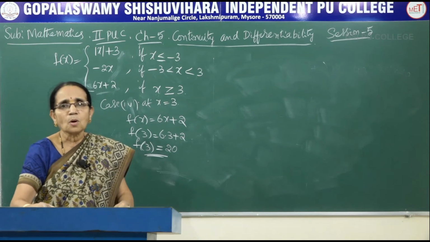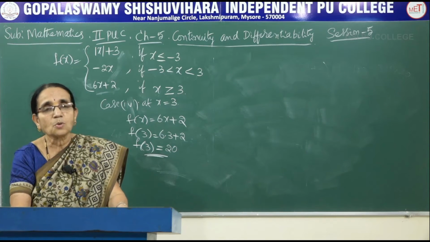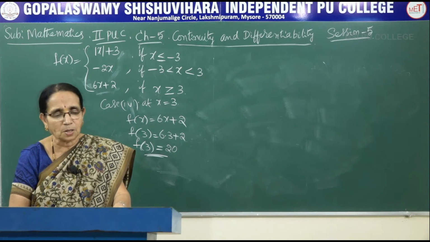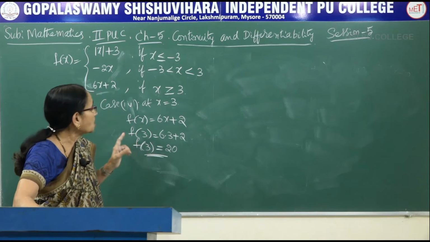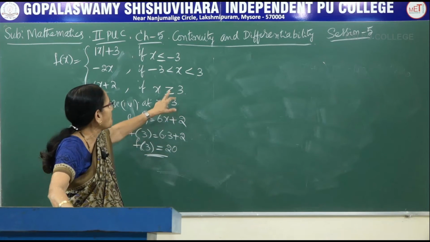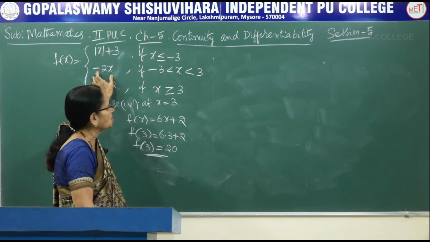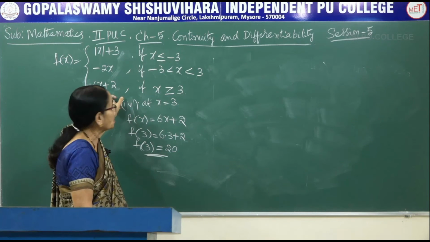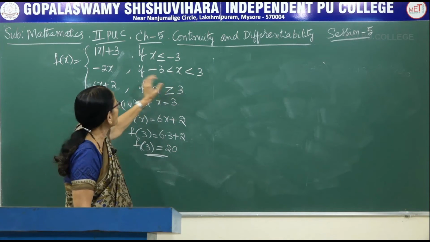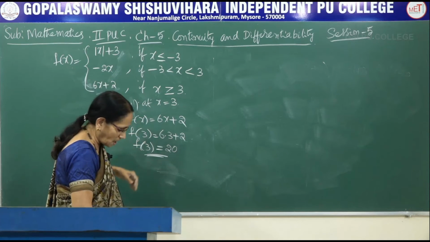Now to know whether it is continuous or not, we have to calculate the limit of the function. To find the limit of the function, look at the definition of the function. For all x less than 3, the function is defined like this. For all x greater than 3, the function is defined like this. That means that for the left hand limit, this should be taken. For the right hand limit, this has to be taken.